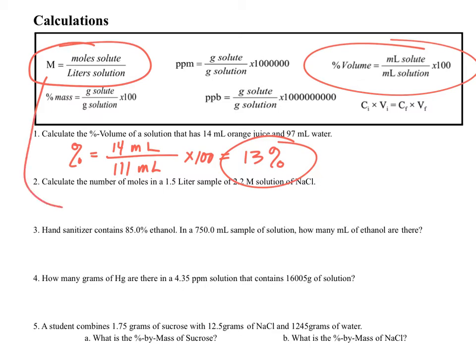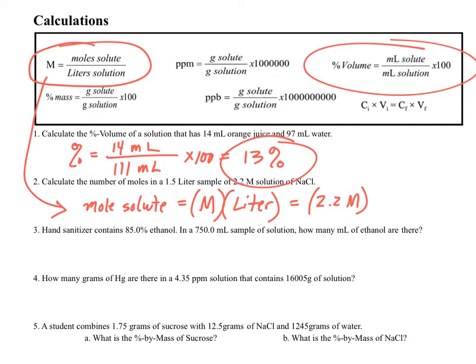If we take this equation and do a little bit of algebra, we will have the number of moles of solute equal to the molarity multiplied times the liters of solution. Now they tell us the molarity is 2.2 moles per liter times the volume of 1.5 liters gives us 3.3 moles.